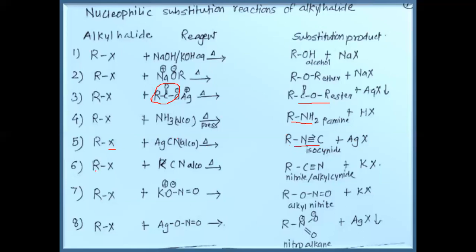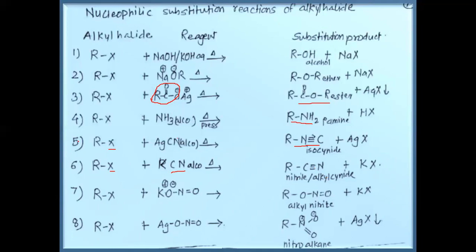Sixth reaction, alkyl halide plus alcoholic solution of potassium cyanide. Here X is replaced by cyanide group, so alkyl cyanide or alkyl nitrile formation takes place.